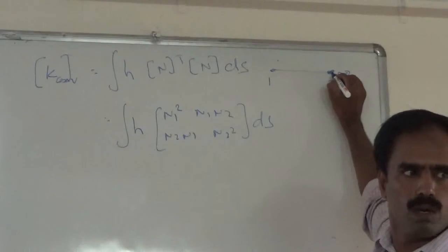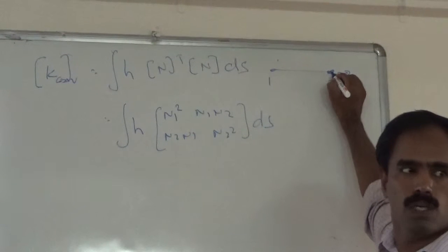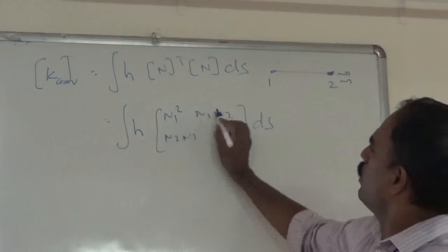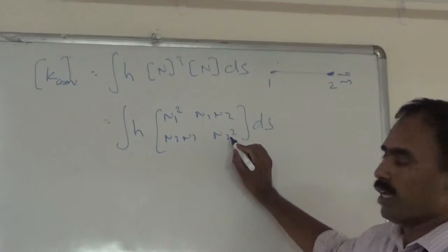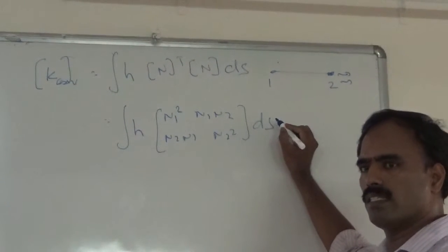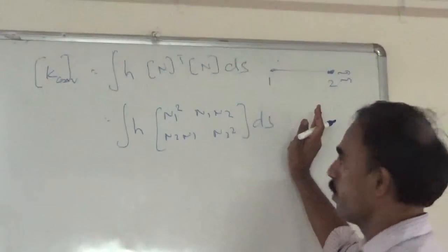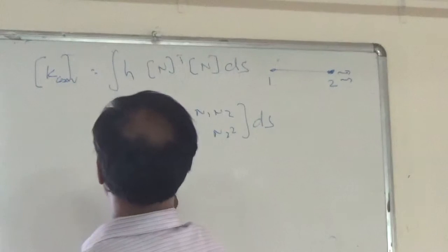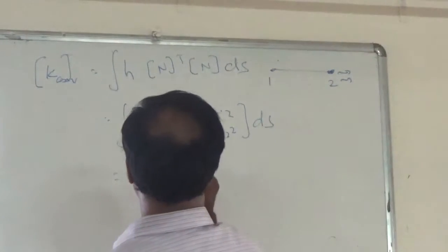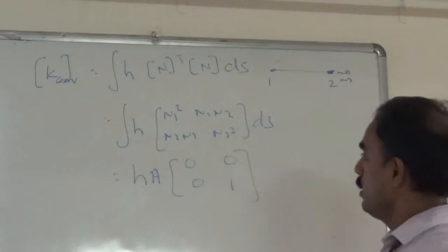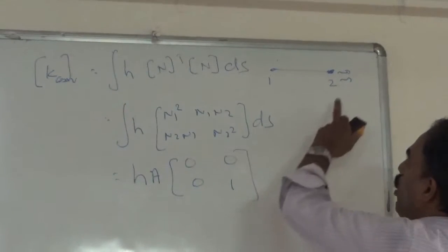N1 is 0, N2 is 1. So this becomes 0, 0, 0, 1. The integral of ds is A2, and A2 is A. This becomes H A times 0, 0, 0, 1. Here we consider the convection at node number 2.